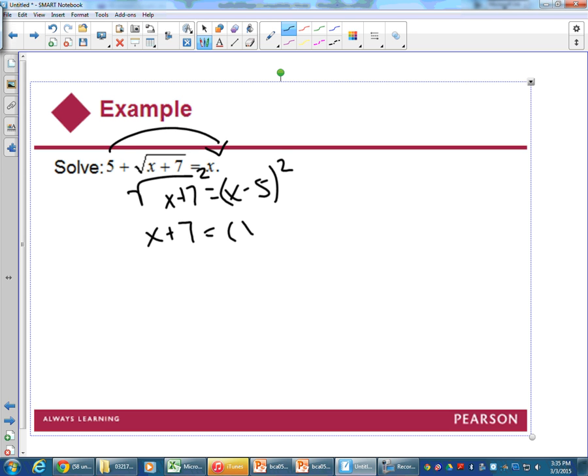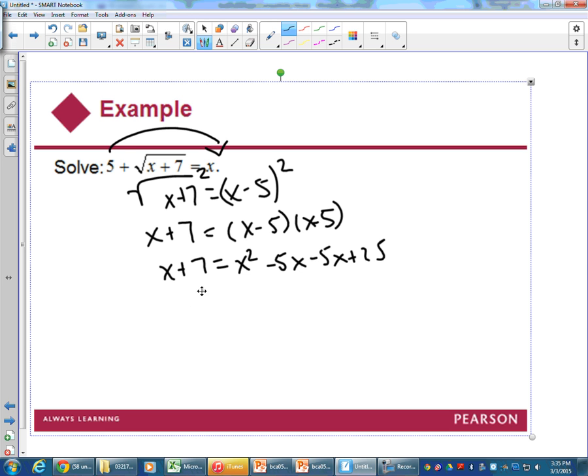And here on this side, if I square x minus 5, I actually have to write it down twice and distribute these, or some of you say FOIL. So x plus 7 equals x squared minus 5x plus 25.